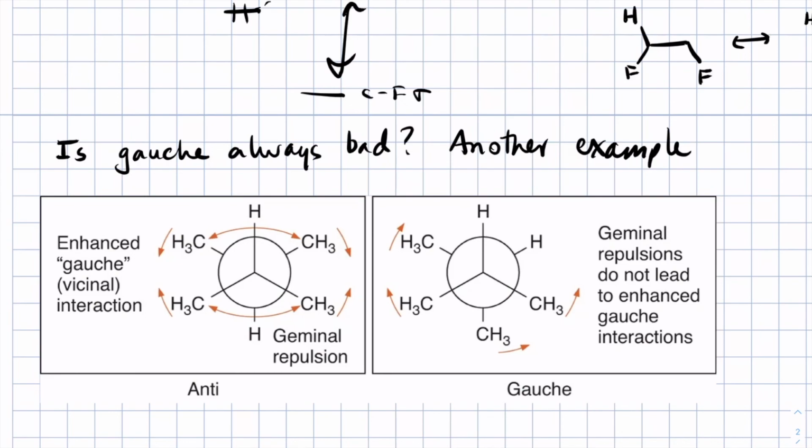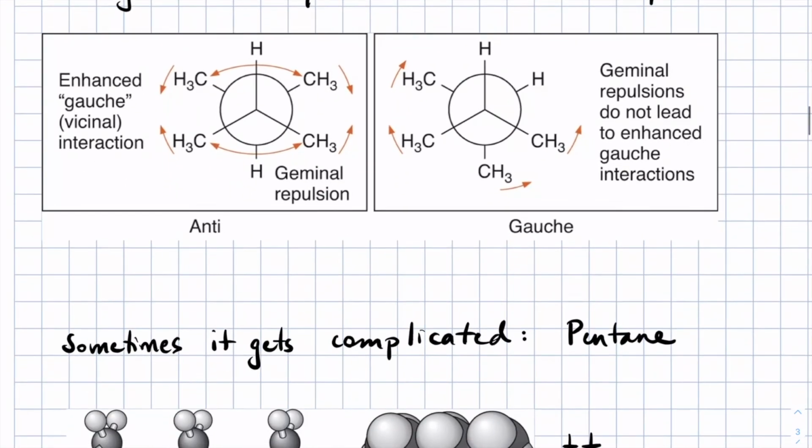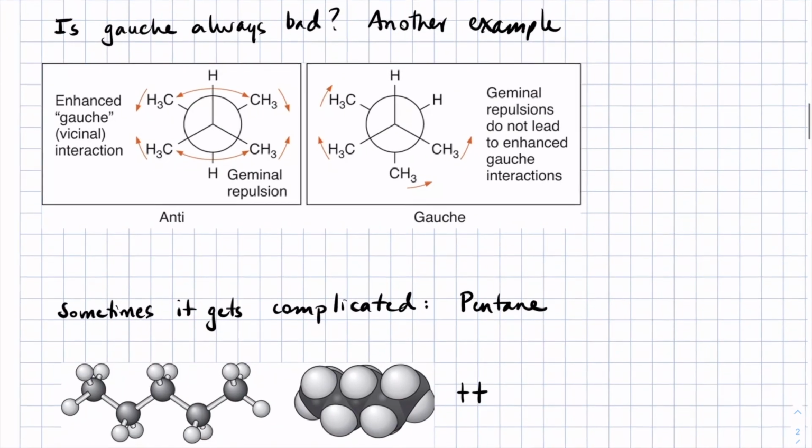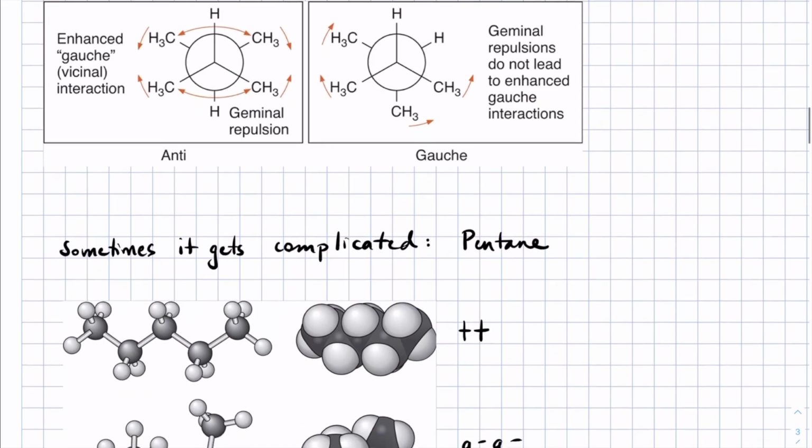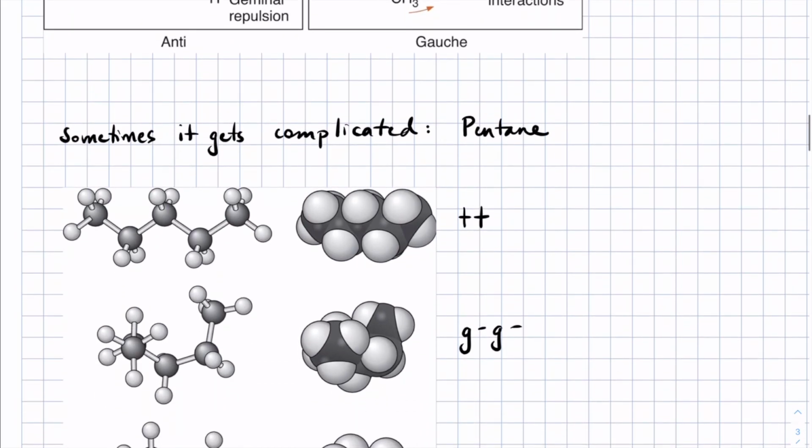Now, as you start to go beyond butane, things get a little complicated. So here is pentane, and it has basically 3 unique conformations. Let's be clear, I'm naming these conformations according to a 2-letter convention. We're talking about rotation around these 2 bonds.